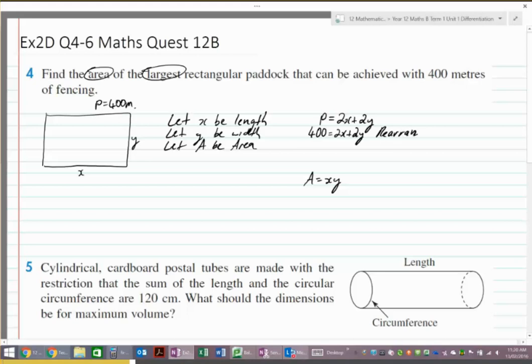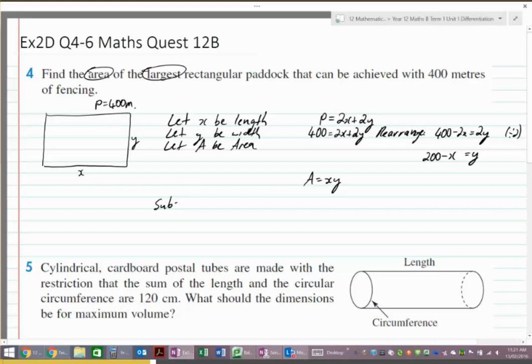So I'll rearrange. I'll take the 2x from both sides and then divide everything by 2. Y equals 200 minus x.